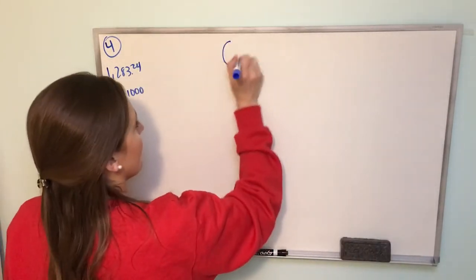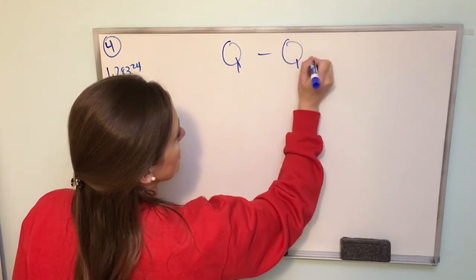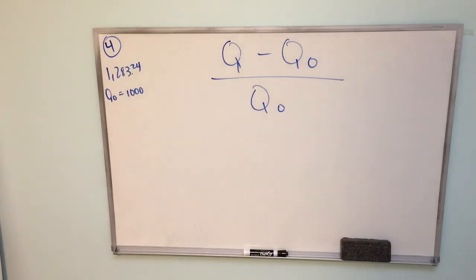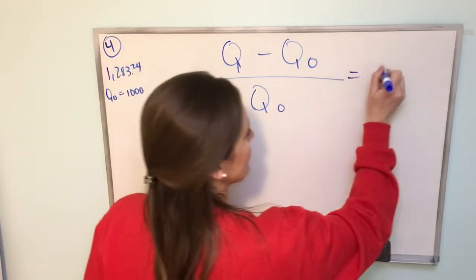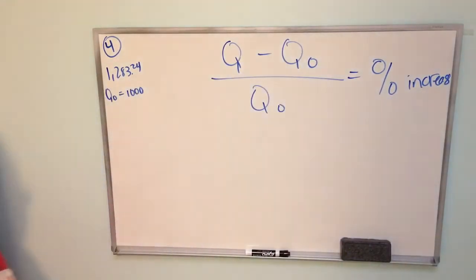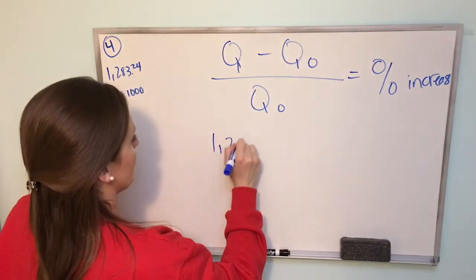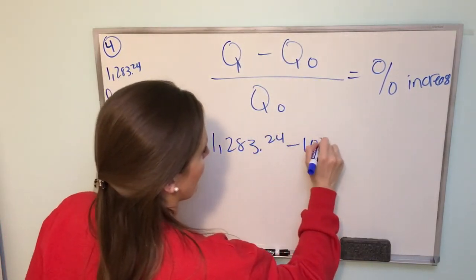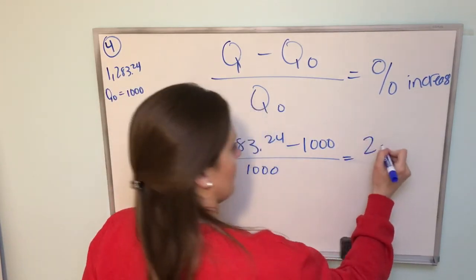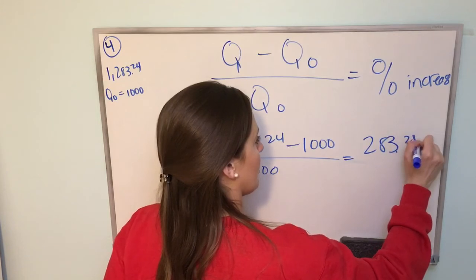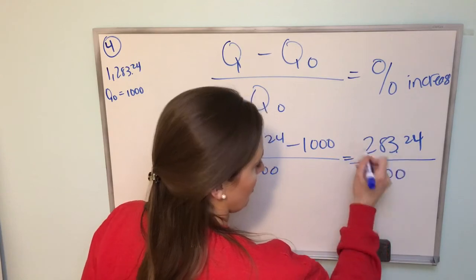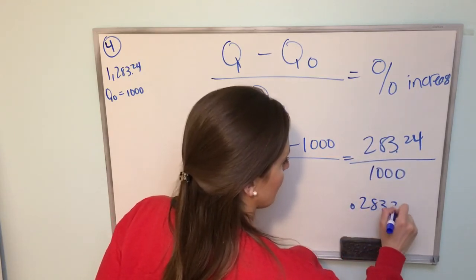So if I say, okay, my Q value minus my Q initial divided by my Q initial, doesn't this look an awful lot like percent increase or percent decrease? Yeah, it is. I can find the percent increase for the whole year. So if we just do the math and we say 1,283.24 minus 1,000 divided by 1,000, I'll end up with 283.24 divided by 1,000, and I know essentially I'm moving my decimal point 3, so I'll get 0.28324.